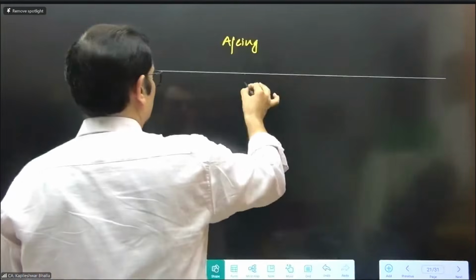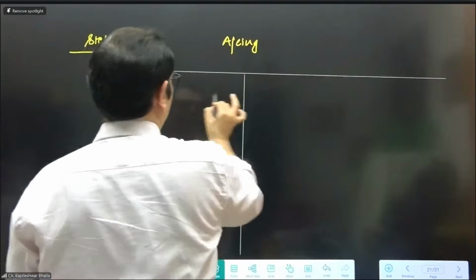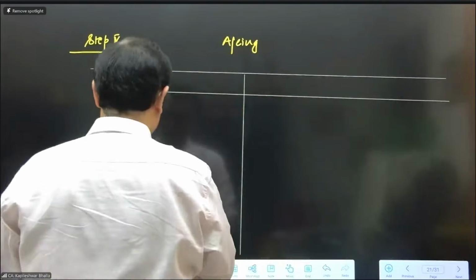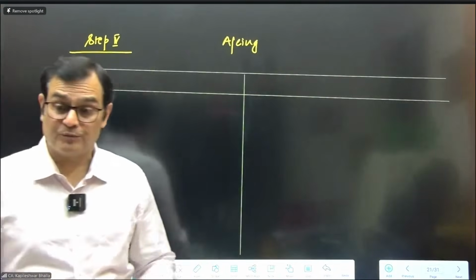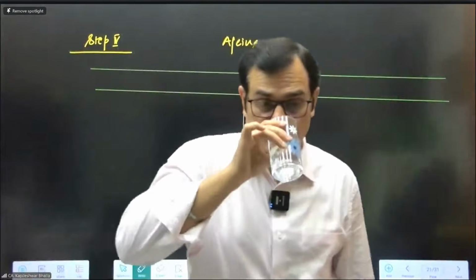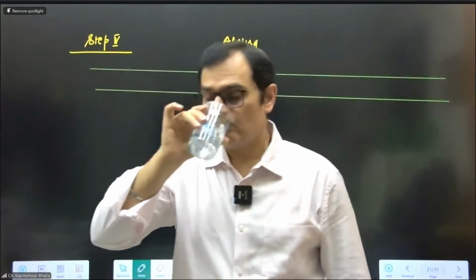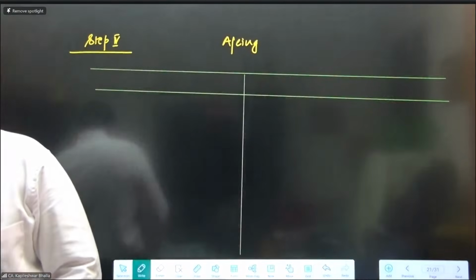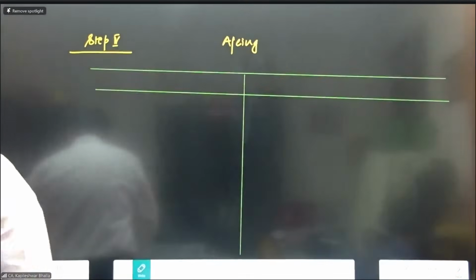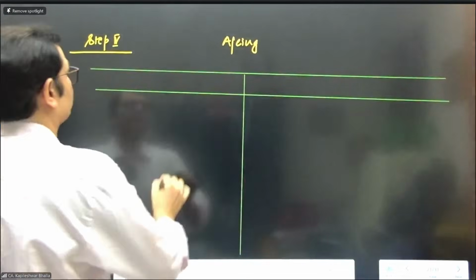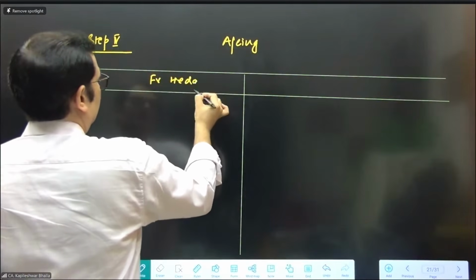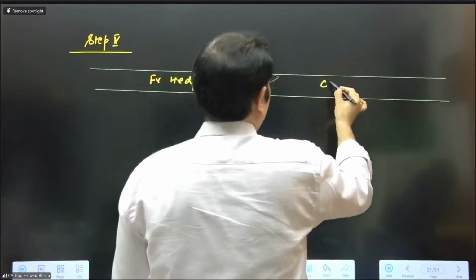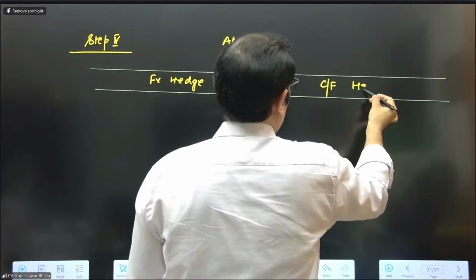Now, this is a crucial chart which will summarize the inputs in terms of a cash flow hedge as well as a fair value hedge. Let's go one by one.